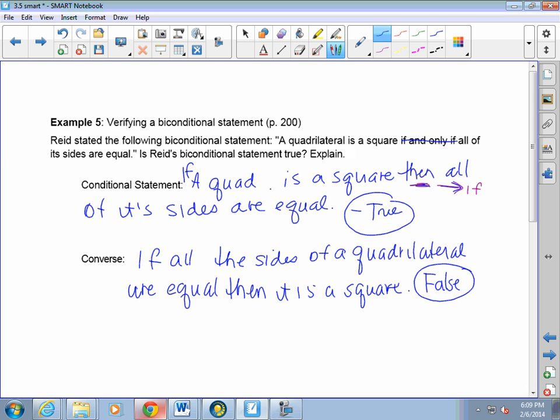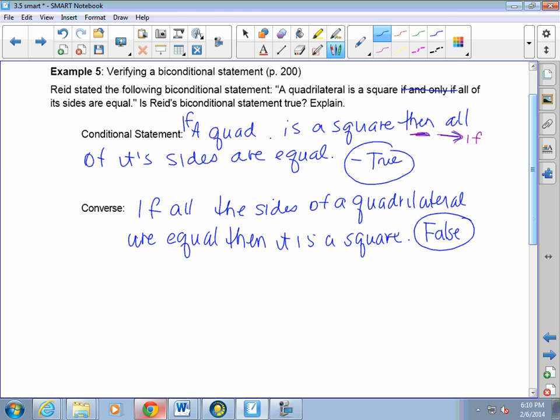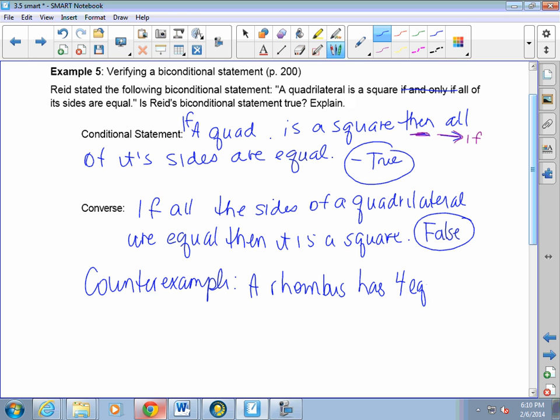And that's because you could have a rhombus. A rhombus is still a quadrilateral. It's just pushed over, basically, right? So that would be our counterexample to prove that. So a rhombus has 4 equal sides.